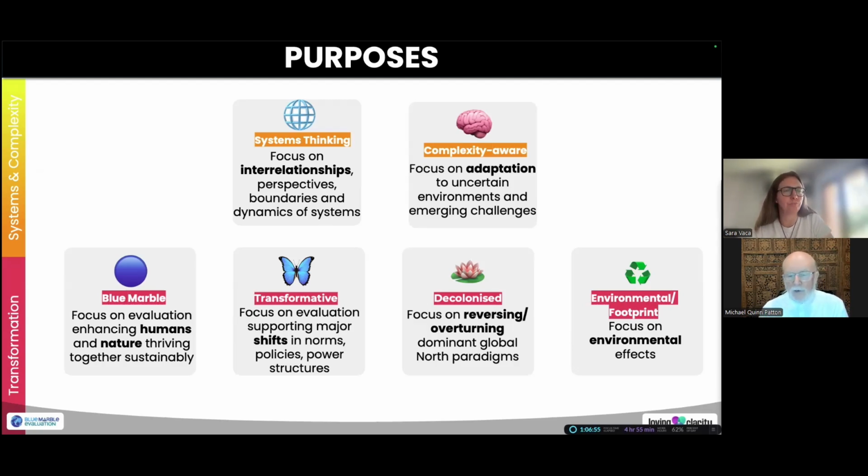Environmental approach. Here, the focus is specifically on being sure that the nexus between humans and nature is attended to explicitly, and advocating that any evaluation, given the importance of climate change, should include an environmental component.